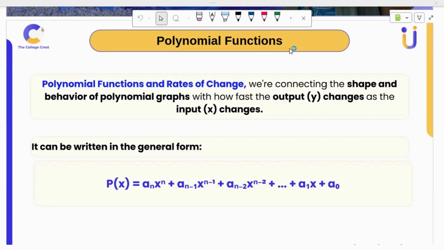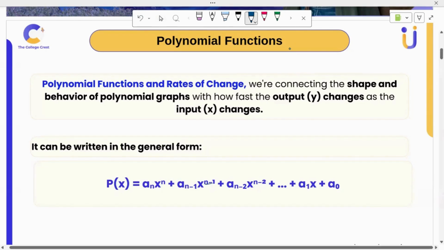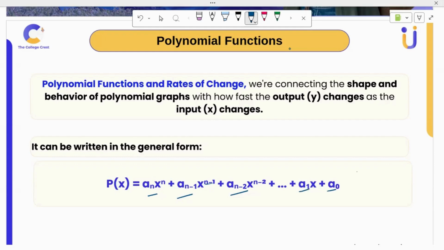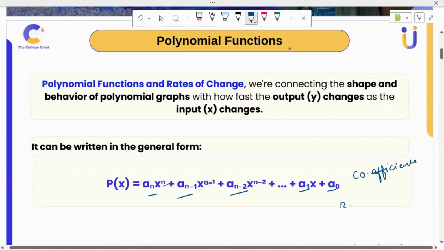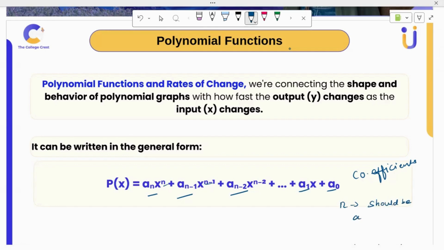So now coming to polynomial function in general form, P of x is a_n x power n, plus a_(n-1) x power n minus 1, and so on, plus a_1 x, plus a_0. So these a_n, a_(n-1), a_(n-2), a_1, a_0 are coefficients, real numbers, right? And in x power n, this n should be a non-negative integer. So you can't use x power minus 2.